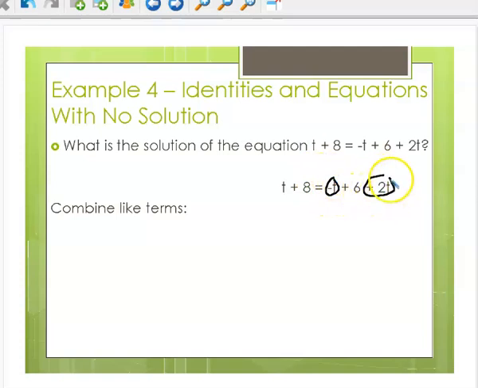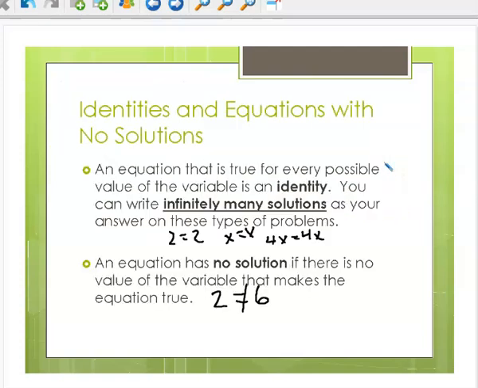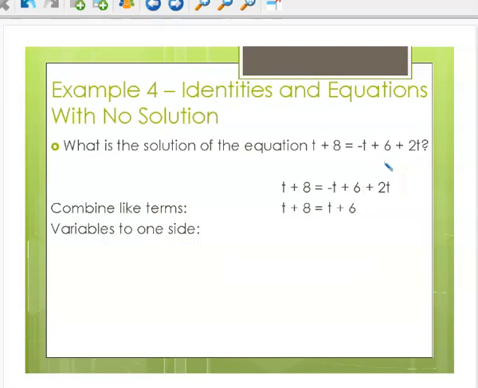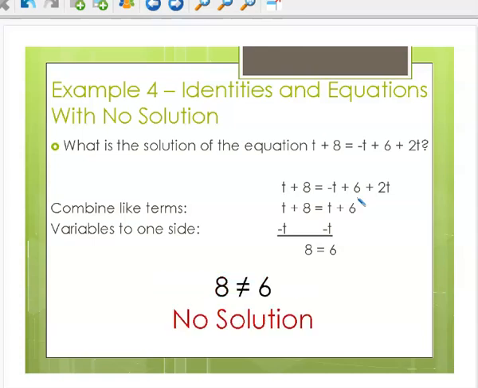Right here, again, notice I'm circling the signs with them. So we have t plus 8 equals t plus 6. If I move the variables to the same side, notice what happens. I end up with no variable at all, but I have 2 numbers, and you and I both know that 8 cannot be equal to 6. Therefore, we have no solution.